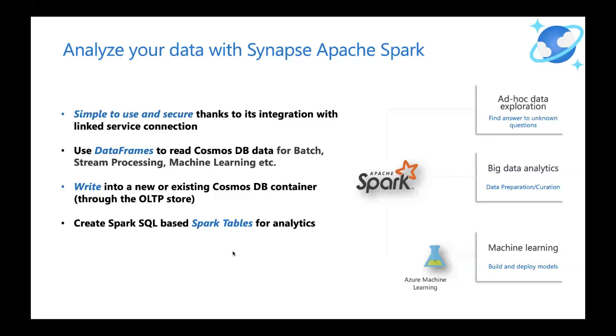I'm talking about the transactional store, the row-oriented store within Cosmos DB. And like I said, this data is going to automatically get synced into the analytical container. Once that is done, you can use Spark SQL for further analysis, things like aggregations, joins, and so forth. I'm going to demonstrate that to you as well.